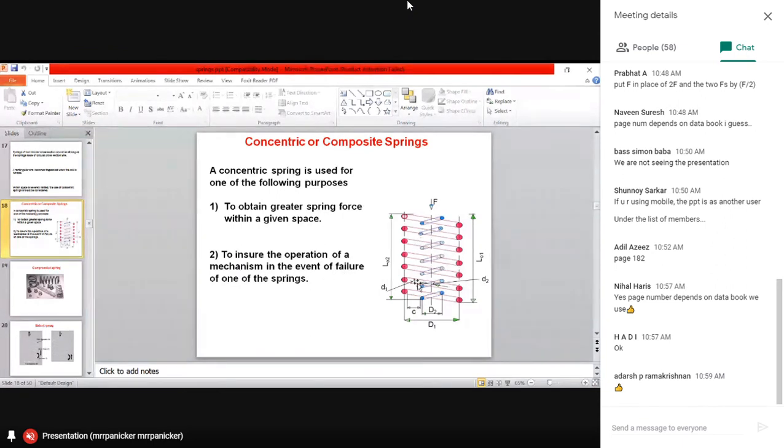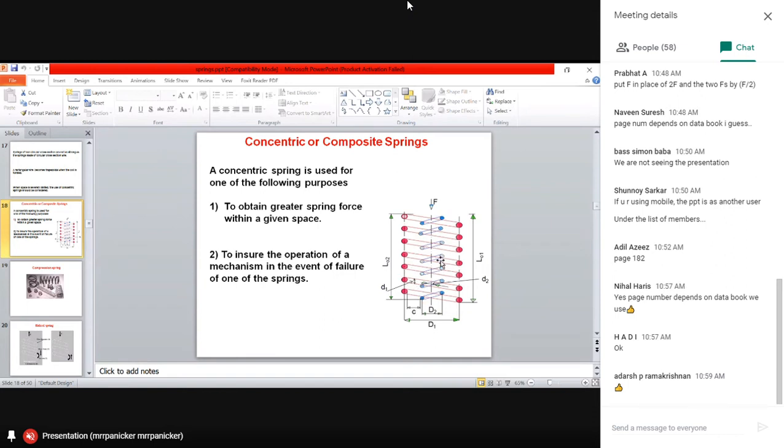The procedure is the same. It is of circular cross section. You can have different wire diameter or the same diameter, so many options are there. You have inside diameter, outside diameter, and free length, which can be the same or different.